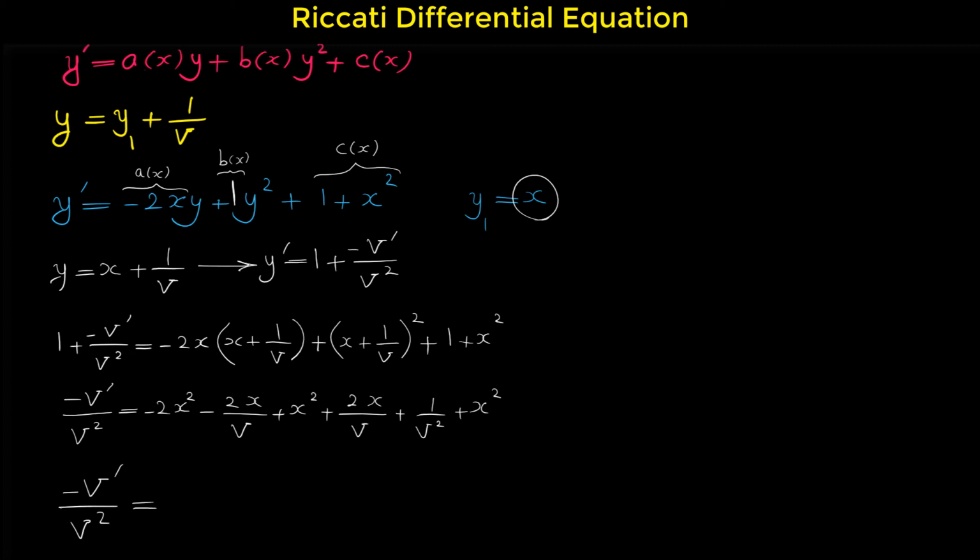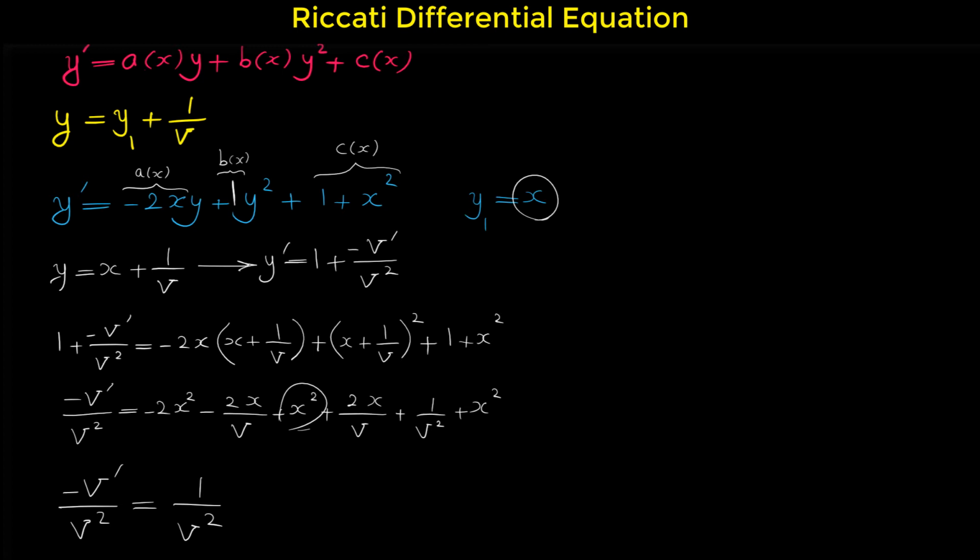In the right side, only this 1 over v squared remains. Again, these terms cancel each other, and negative 2x over v and positive 2x over v cancel. So suddenly everything simplified.